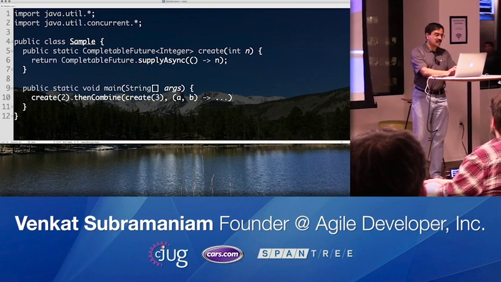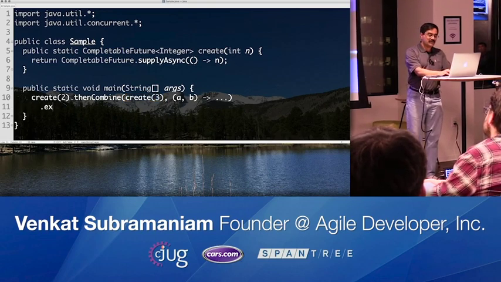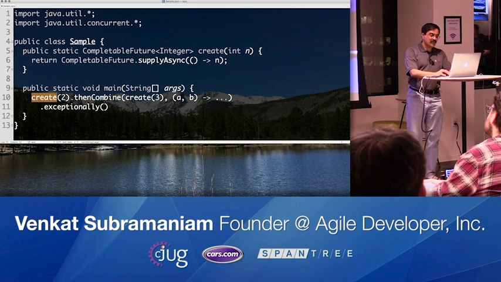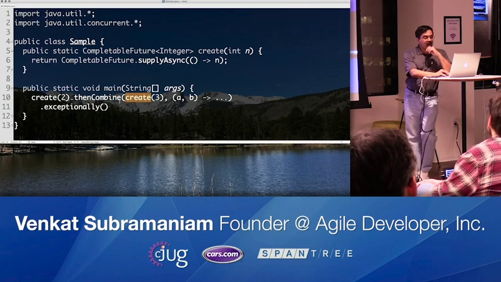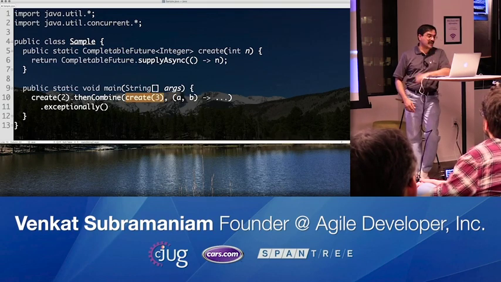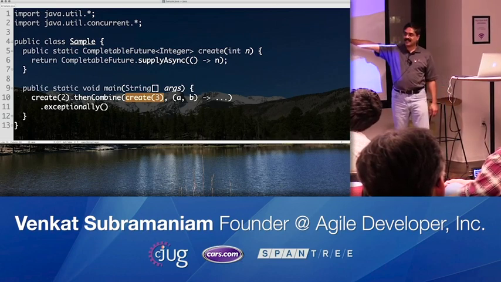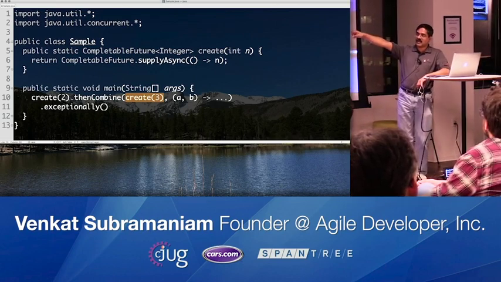Alternatively, you could also do exceptionally here, and if you do exceptionally here, it could be a failure of that, it could be a failure of that, or potentially, well, actually in this case, because this is a separate completable future, let me think about this for a second. Because it's a separate completable future that you're passing to it, that result is pipelined in here.